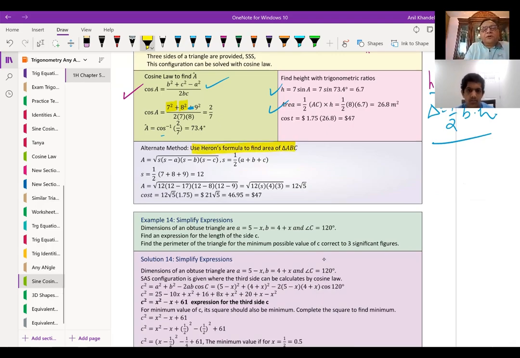So make a note of this particular formula. I'll explain it to you. Many times we could directly find the area using the sides.